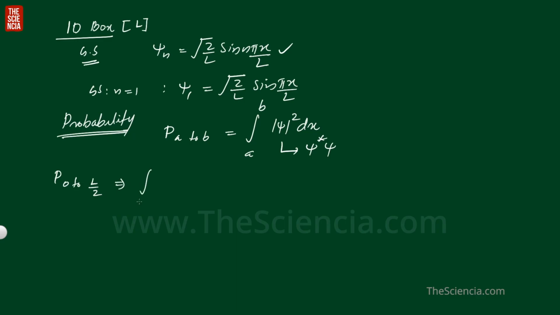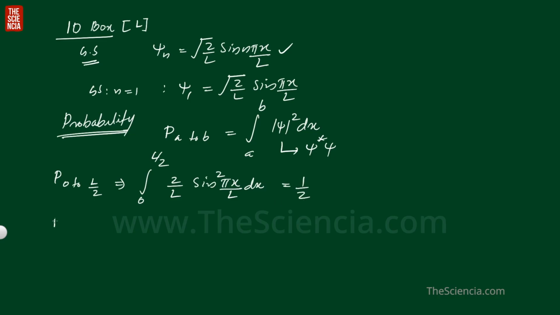We have to find integral 0 to L by 2 modulus square of this wave function, that is 2 by L sine square pi x by L into dx. What is its solution? This is equal to 1 by 2. I think we already solved this problem, right?